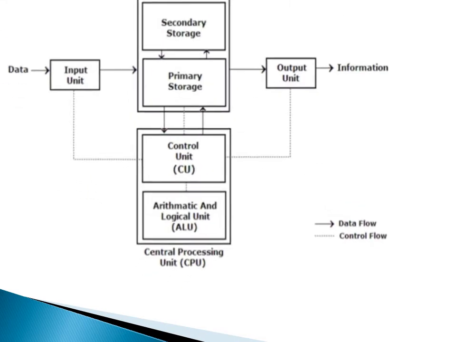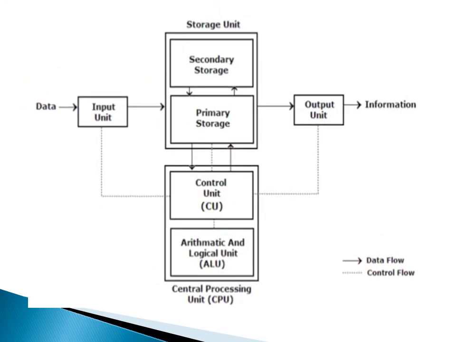In this diagram, there are three main parts: the input devices, then the storage and the CPU, and the last one, the output devices.